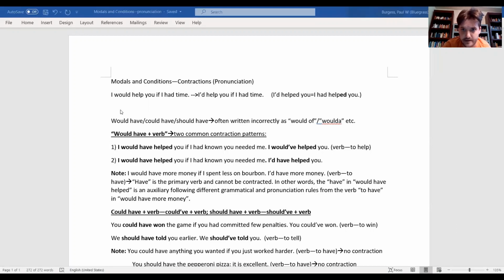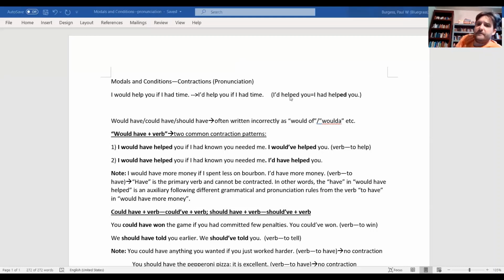One thing to notice, though, is that we must pay attention to context. We don't want to just think I'd always means I would. I'd helped you, as we see in the second one, is I had helped you. And it's the grammar that gives us the clue. The modal auxiliary would will be followed by the base form, help. But the past participle, helped, will follow I'd, as in I had.